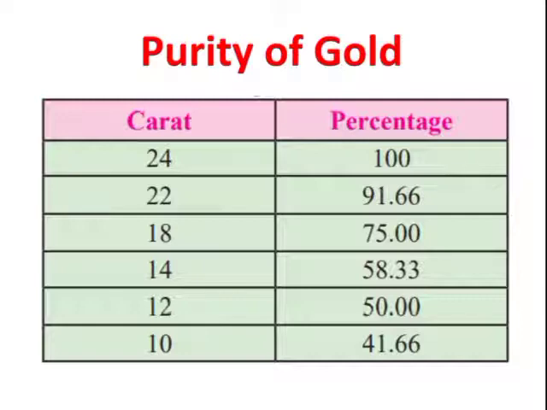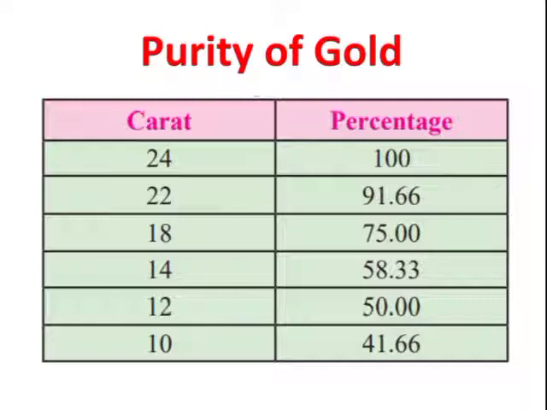In nature, it occurs in element form. 100% pure gold is 24 karat. Pure gold is soft. Therefore, gold ornaments prepared from pure gold may break or bend due to pressure. Hence, goldsmiths add a specific amount of copper or silver to pure gold.